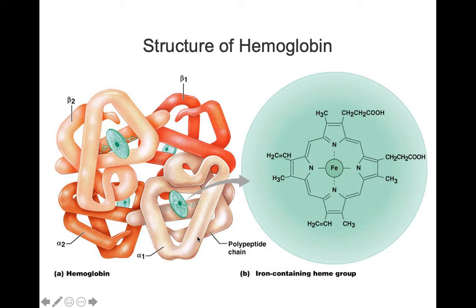So when oxygen binds to one of these heme, we call the hemoglobin molecule 25% saturated, so you have an oxygen saturation of 25%. If you have oxygen binding to all four of these heme on the hemoglobin molecule, you're now at 100% saturation, or you have an O2 sat of 100%.